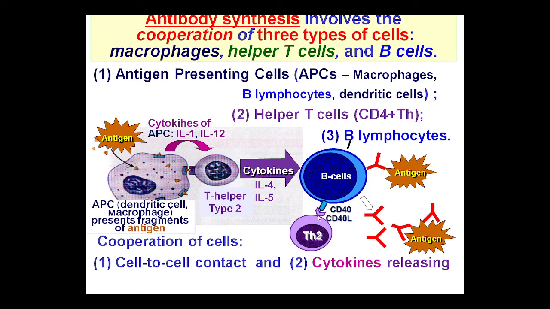And additionally, this B cell establishes a co-receptor contact of CD40, the co-receptor of the B cell, with the CD40 ligand of the T helper cell. The third signal is cytokines. It means you see three pathways of the activation of B cells. First, direct activation by antigen. Second, co-stimulation. And third, cytokine activation.